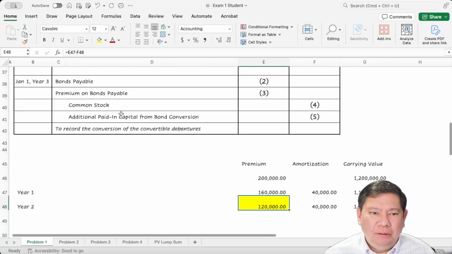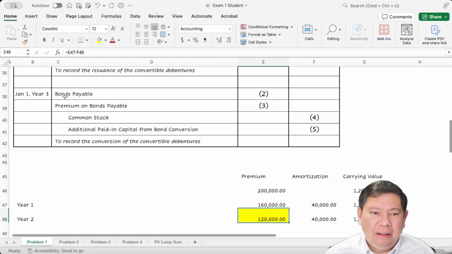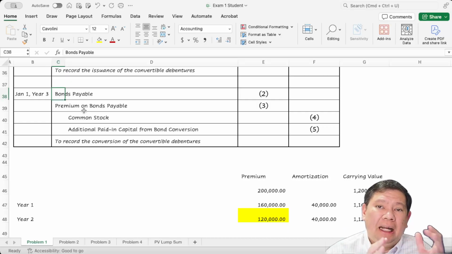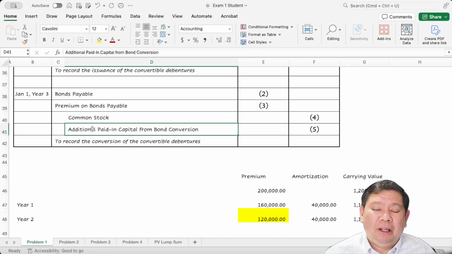Now for the conversion, we will cancel the 10% of the bonds payable, and then we will credit the common stock, equity, and additional paid-in capital from the conversion.